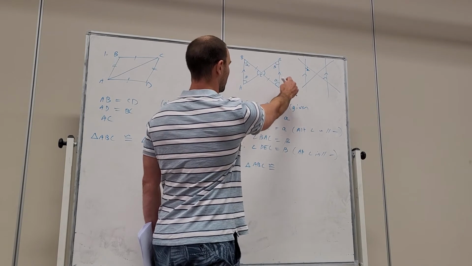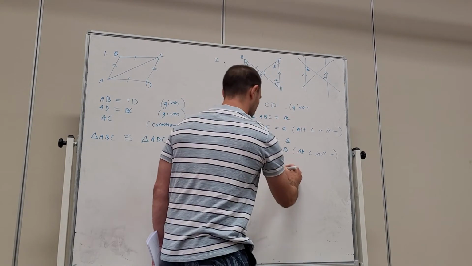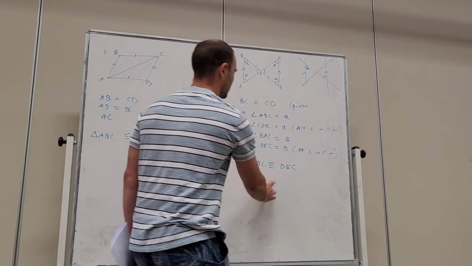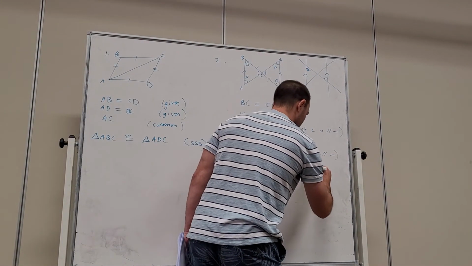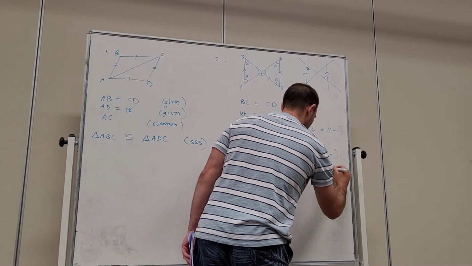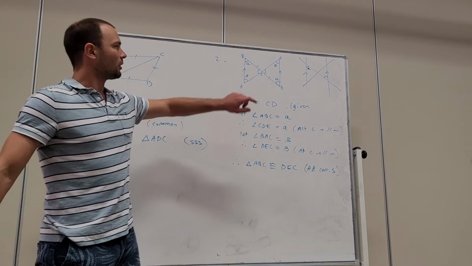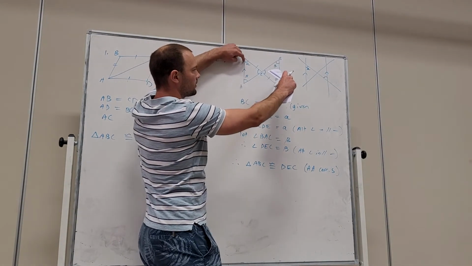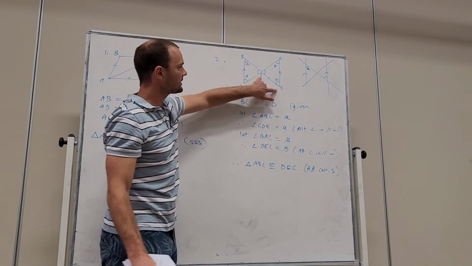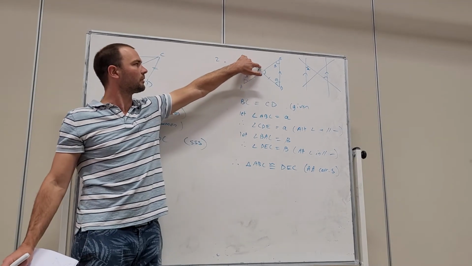Now I'm going to describe it like this: DEC, so it's got the same shape. And the justification: angle, angle, corresponding side. So beta corresponds with beta, alpha corresponds with alpha, and this side here, CD, corresponds with side BC.